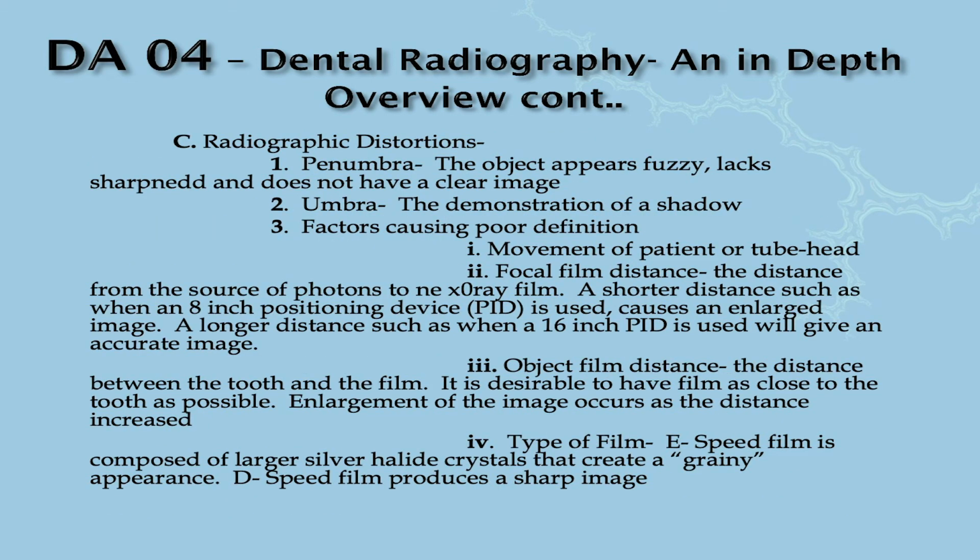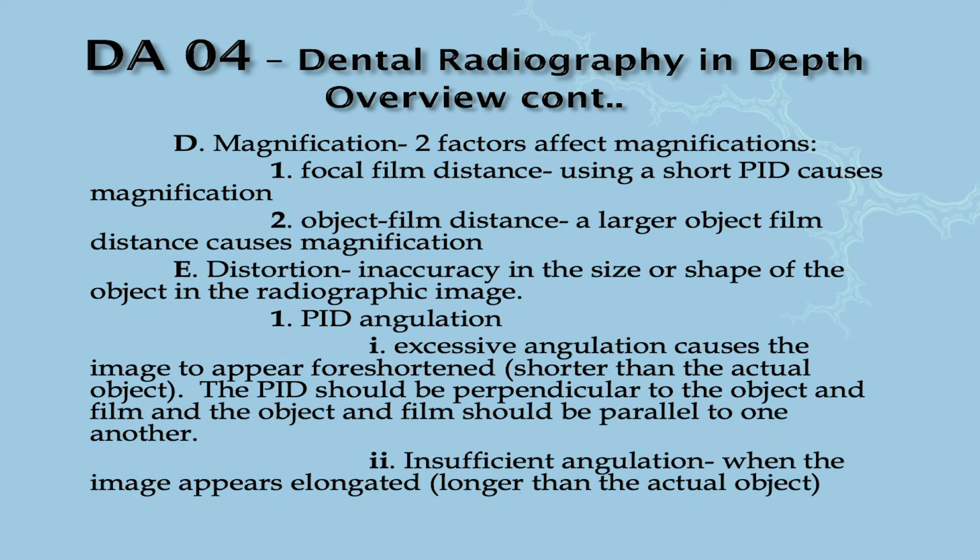There can also be radiographic distortions, which we discussed, such as penumbra, umbra, and other factors that include movement, as we said, of the patient or the tube head, different focal film distance, object film distance, and once again, the type of film. Magnification: two factors affect the magnification, and those are the focal film distance and the object film distance.